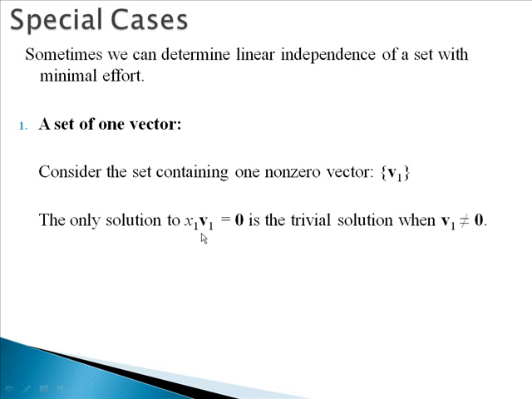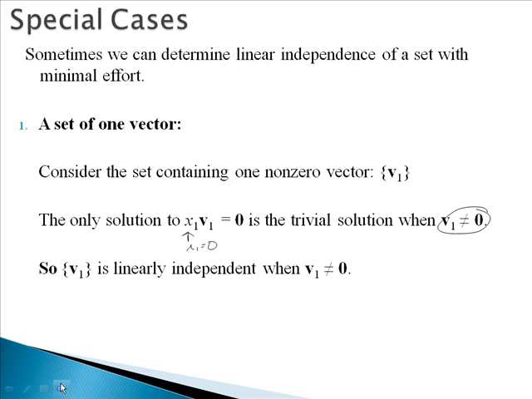So if I multiply my vector v1 by some constant and end up with zeros, the only way to do that is if x1 was equal to 0. That's the only way that would happen, because we were told to begin with that v1 was not 0. So since the only solution is the trivial one, we know that v1 is linearly independent as long as it is non-zero. So that's the key. When our set has one non-zero vector, we know that it's linearly independent without doing any work.